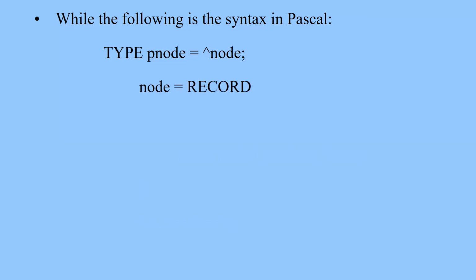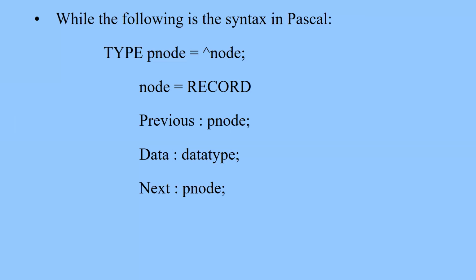Then the members include node, which is of type record, or node equals to record. And then I have a member called the previous of type pnode. Then another member is data of type data type.